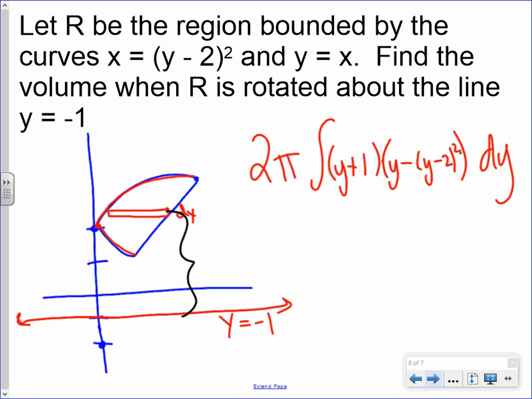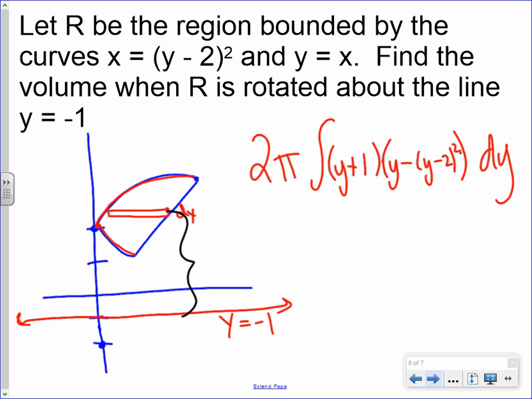Doing some head nods, yes. You could either think of it as our rectangle is our y distance minus our axis -1, or you could think of it as the rectangle is y distance from the x-axis, and then there's another 1 unit to go to that axis of rotation. Okay?